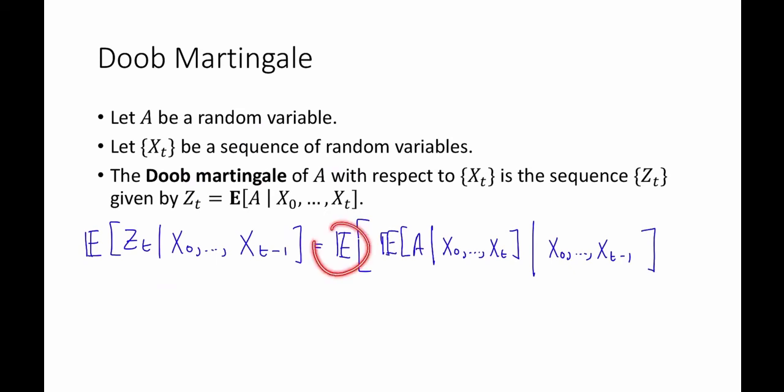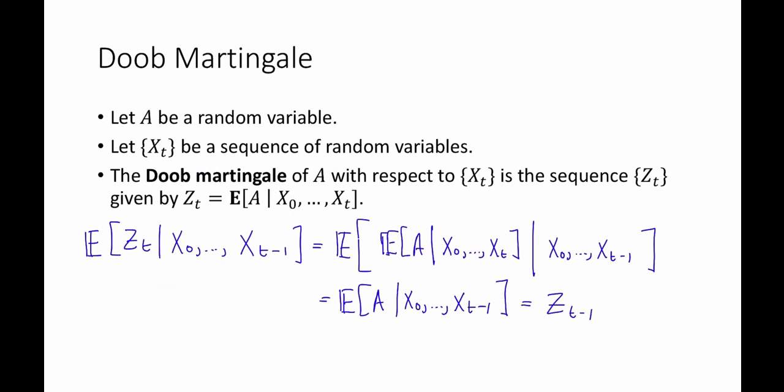Now this outer expectation is basically going to integrate away this xt here. So what we're left with is the expected value of a conditioned on x0 up to xt minus 1, which by definition is equal to z sub t minus 1. So indeed, this is a martingale, or at least it satisfies the third property.